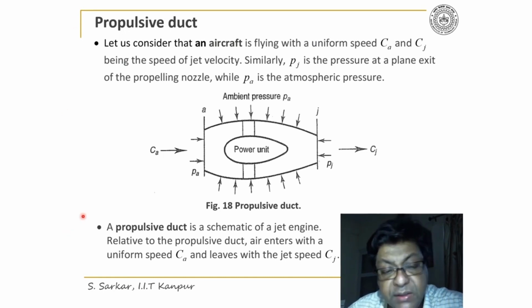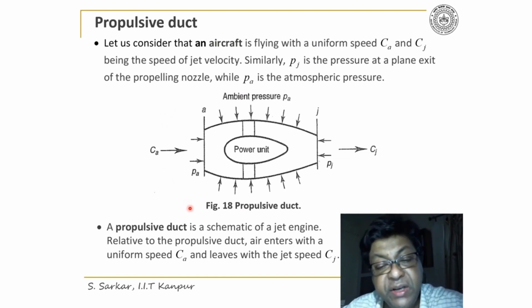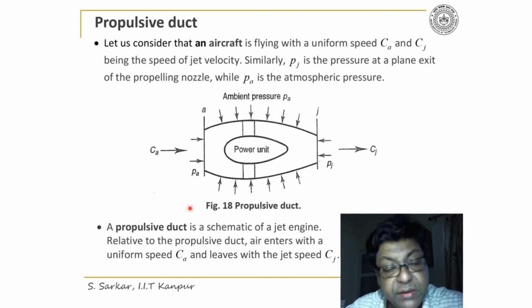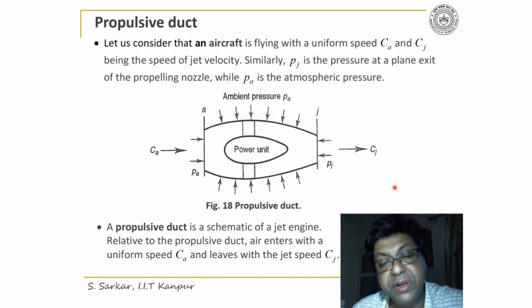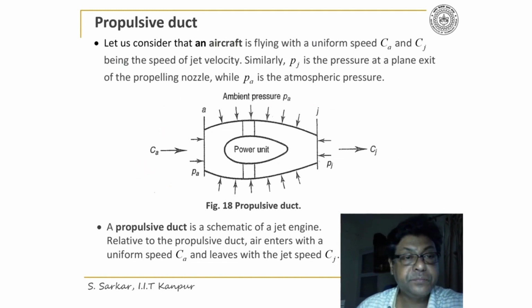Now, a propulsive duct, as indicated in figure 18, is a schematic of a jet engine. Relative to the propulsive duct, air enters the duct with a uniform speed Ca and leaves with a jet speed Cj, as indicated here in figure 18.